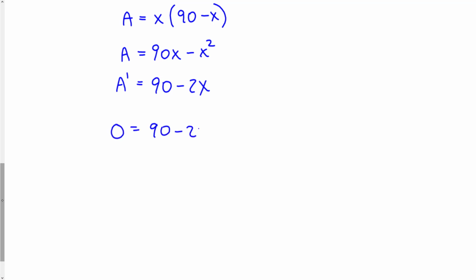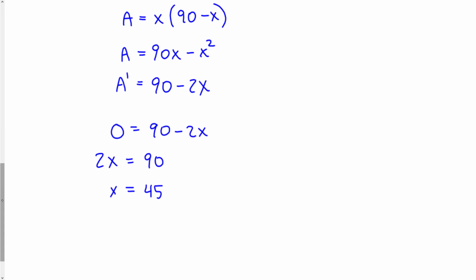That lets me know that 2x would have to be equal to 90, or x equals 45. Now, at this point, it's probably instructive to know whether or not this is a minimum or a maximum. Generally, that's easy to tell. I usually will go for the second derivative test here, because the second derivative test will tell me very quickly.